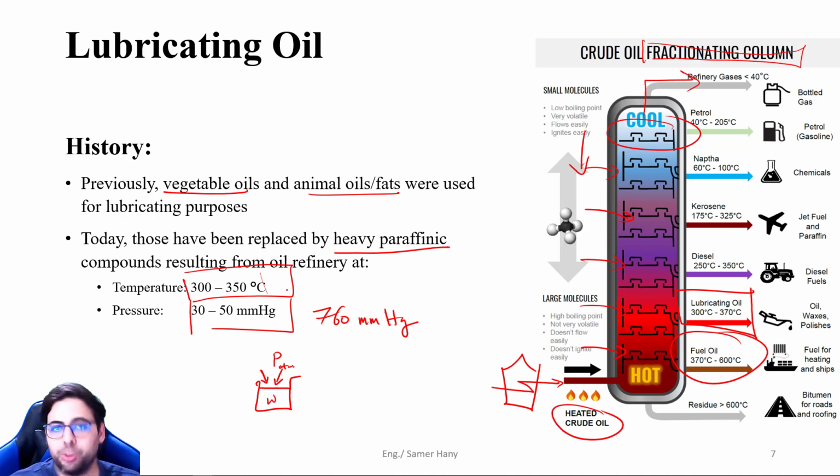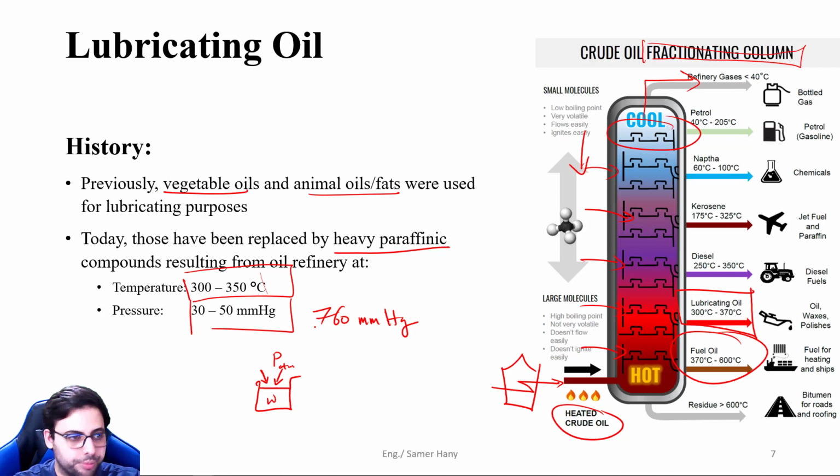Or we can do both. We can increase the water temperature and increase its energy a little bit, and decrease the pressure a little bit, so that we can also perform this vaporization.